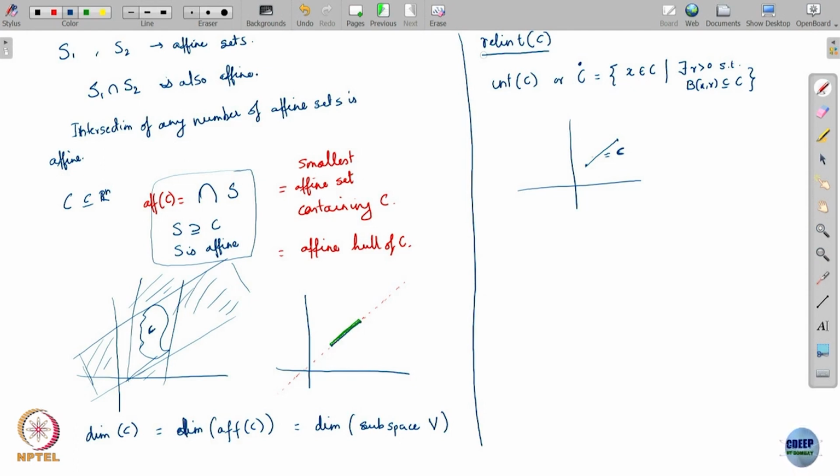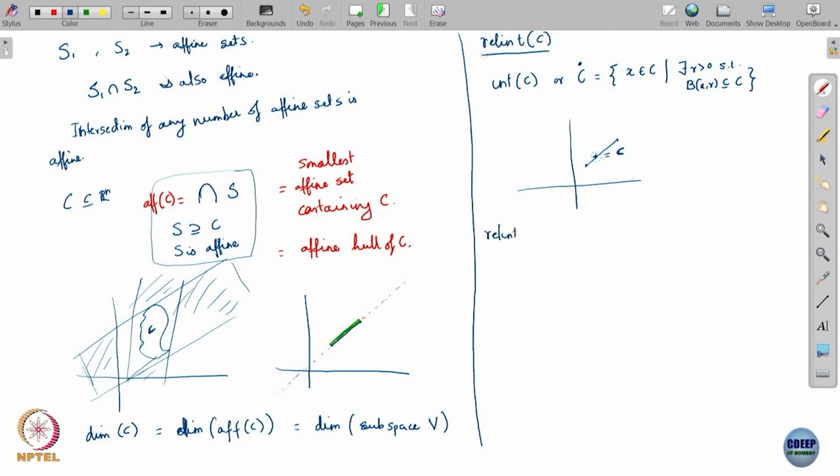No, because if I take any point on it and take a ball around it, however small I make the radius, the ball will always spill outside the set. So, this sort of segment does not have an interior in R2.